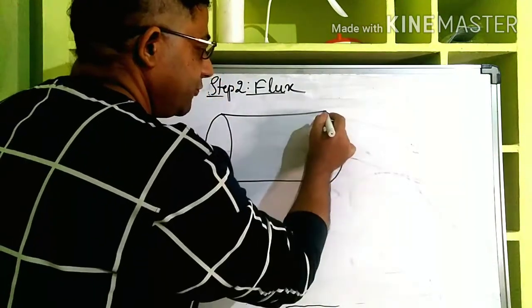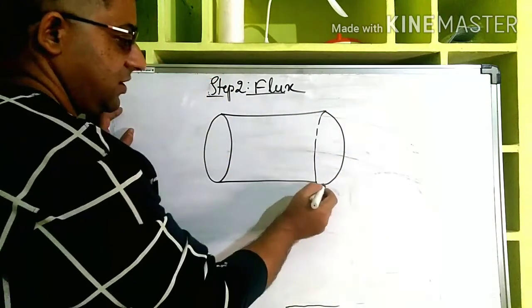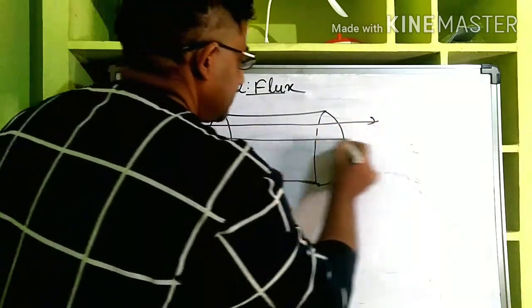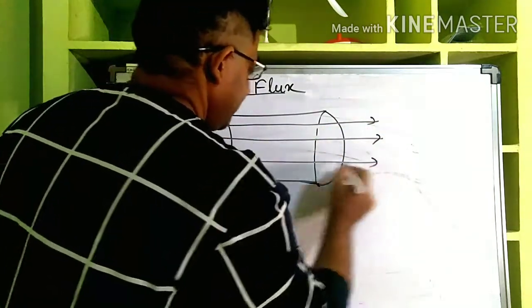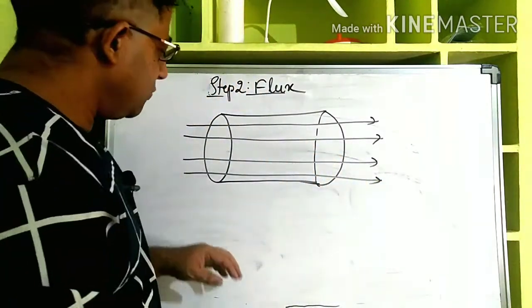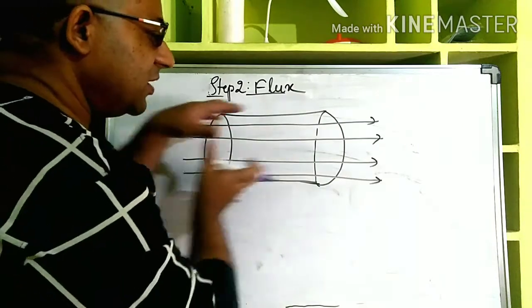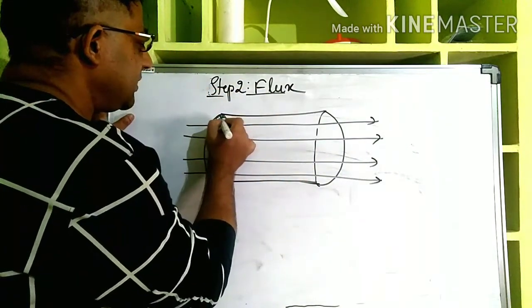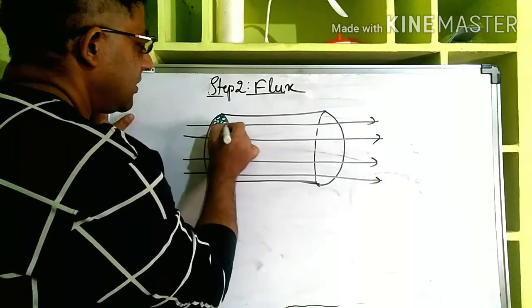Let us say there is a tube of certain cross section, and through that you imagine that water is flowing. Now this tube, you can imagine as if a huge number of very narrow, tiny tubes are there.